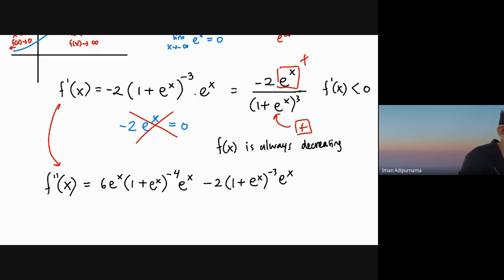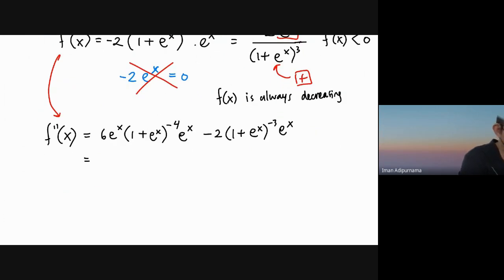This will result in 2e to the x, so it will be 1 plus e to the x, to the negative 3.